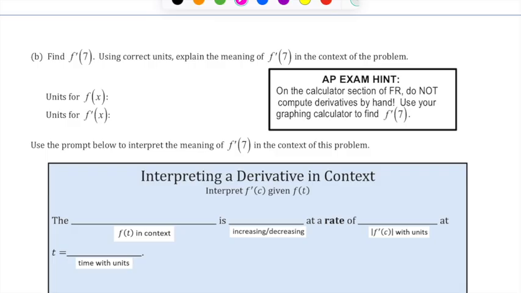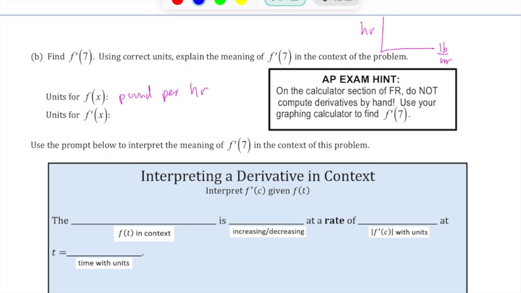Part B says find the derivative at 7 using correct units. Explain the meaning of the derivative at 7 in context of the problem. Again, please don't compute derivatives by hand. Let's use the calculator. The units for the function are pounds per hour, and our time is in hours. Remember, the slope is rise over run.